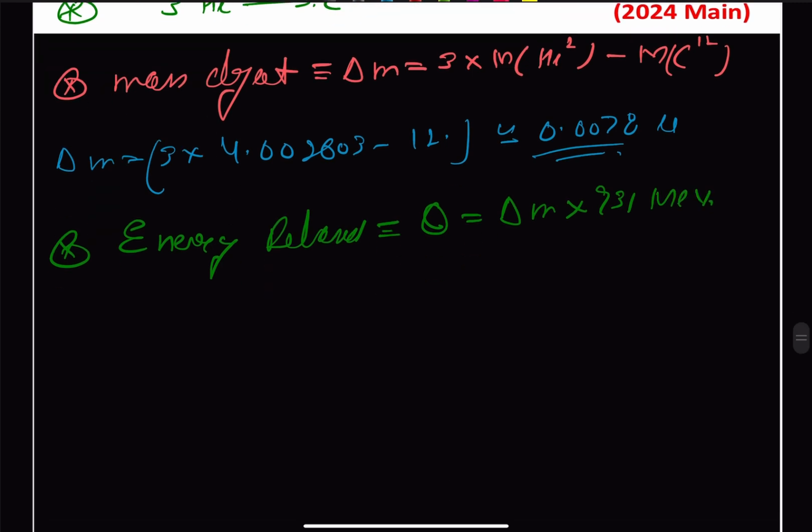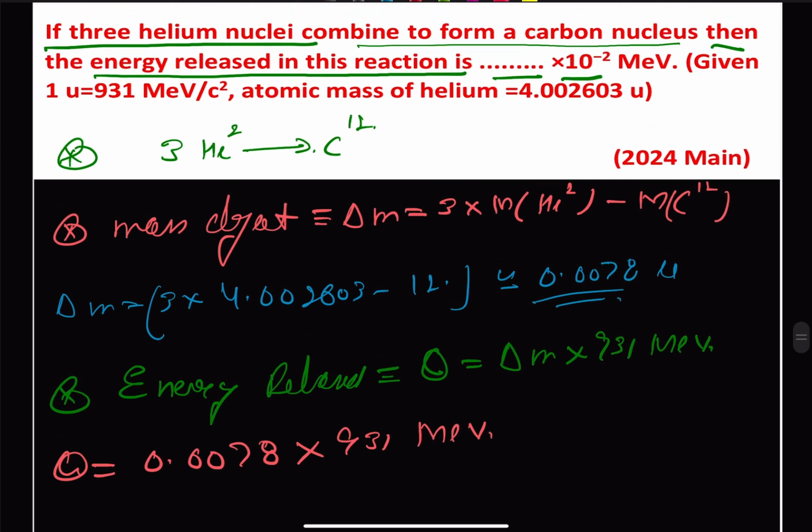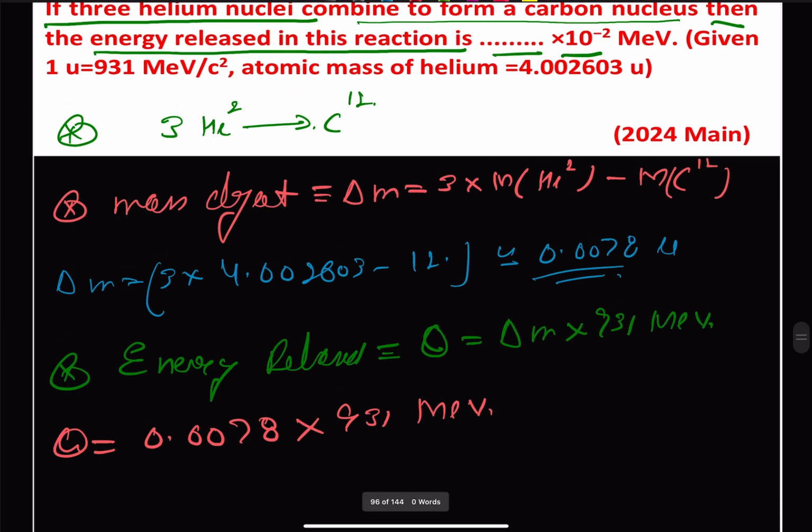So we substitute the value, we get Q is equal to 0.0078 multiplied by 931 mega electron volt. It is in 10⁻².